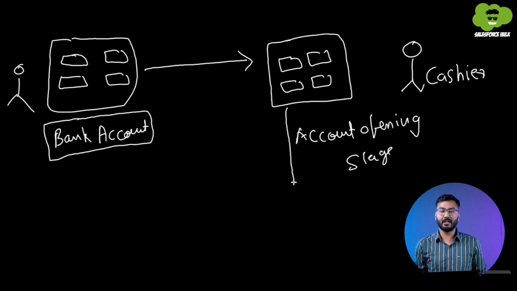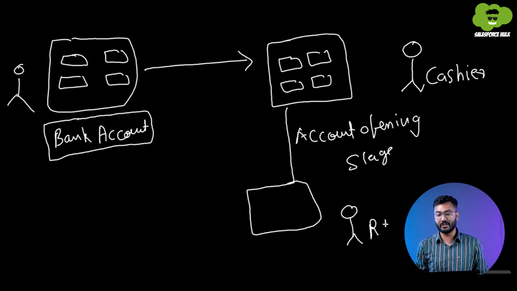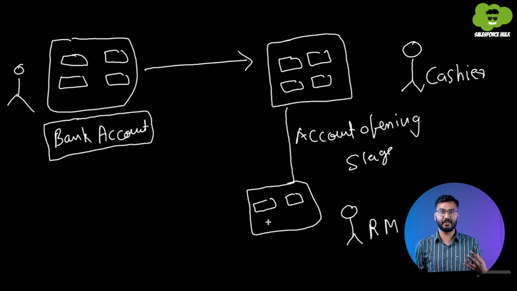Then, for example, you need to transfer this again to the relationship manager, who will have two options: that the person is interested in opening a loan account or having a credit card. Then automatically, according to that, the stages can proceed.